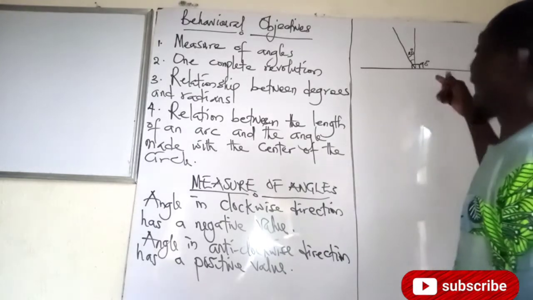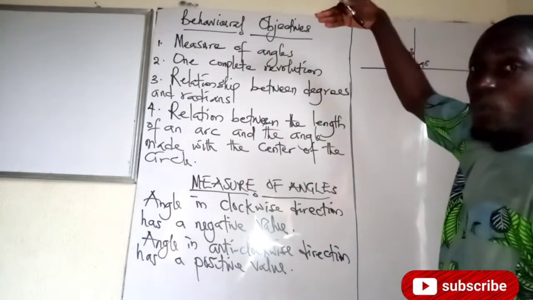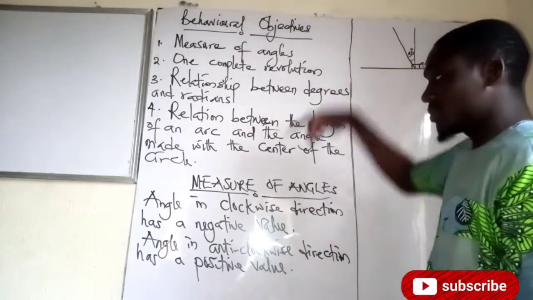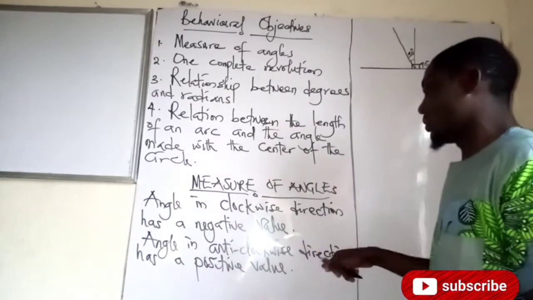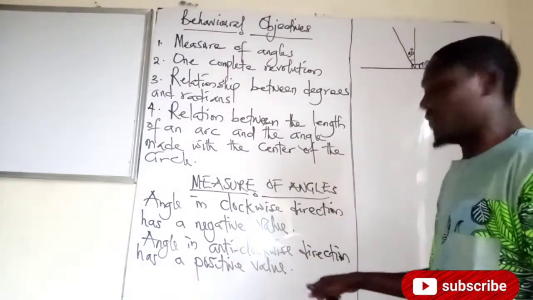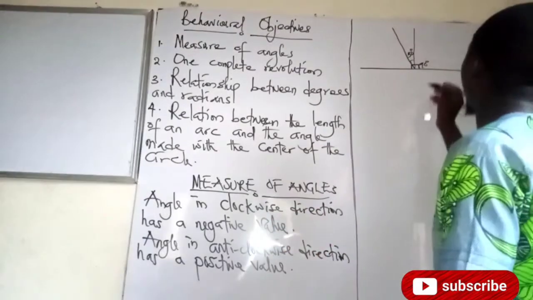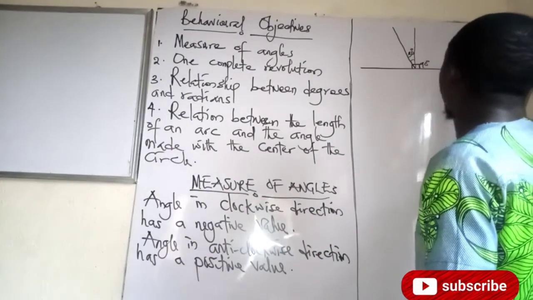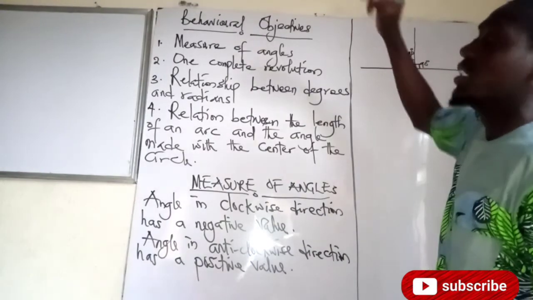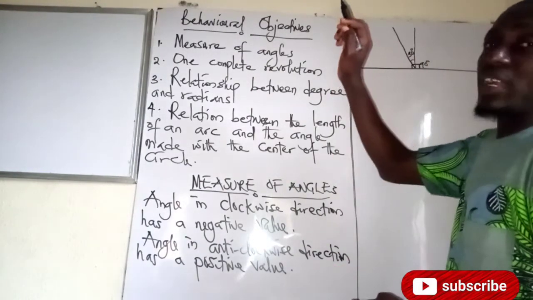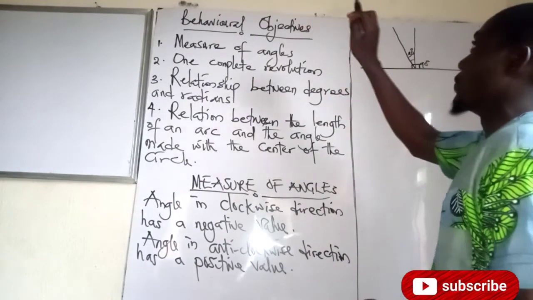But if this angle is moving in anti-clockwise direction, as I said, angle in anti-clockwise direction has a positive value, but angle in clockwise direction has a negative value. Clockwise direction means the way a clock moves.